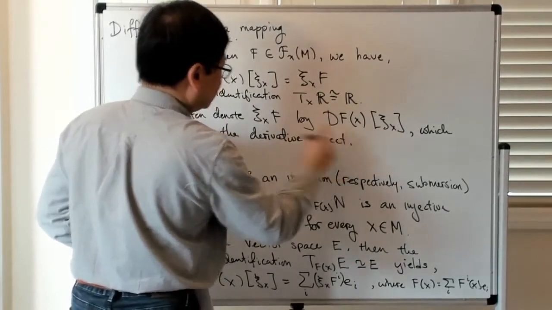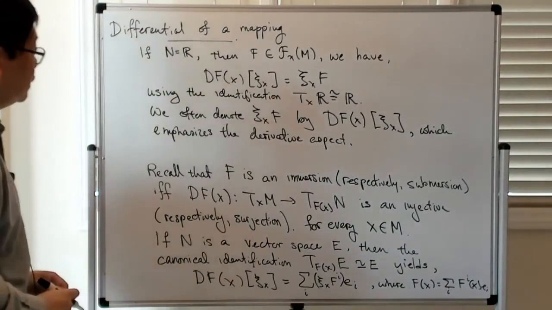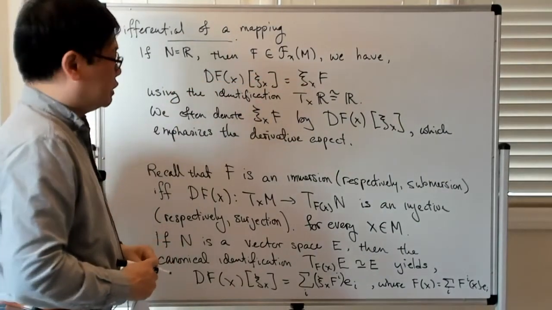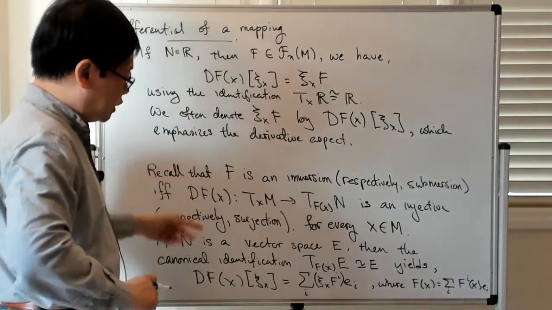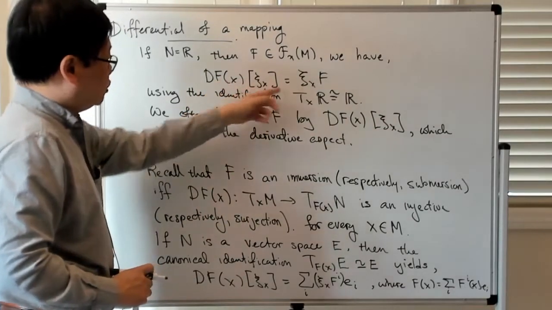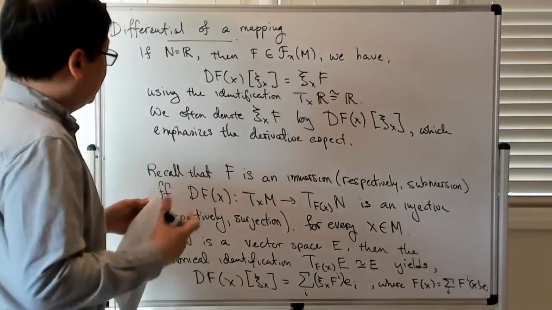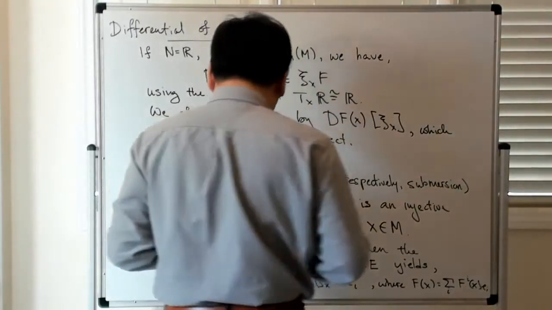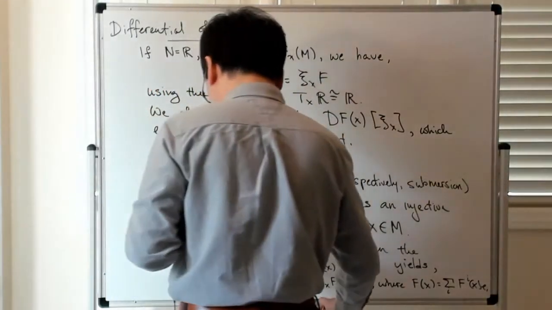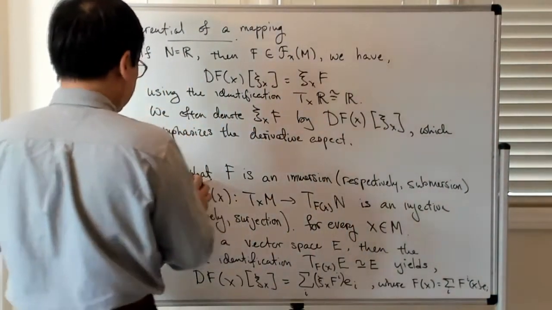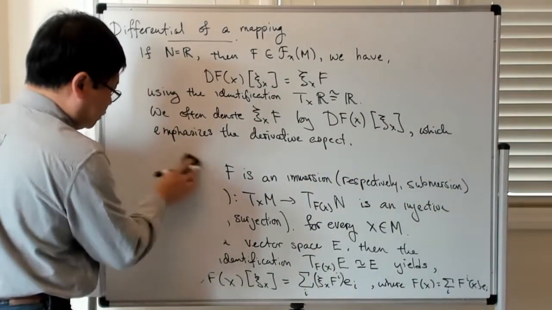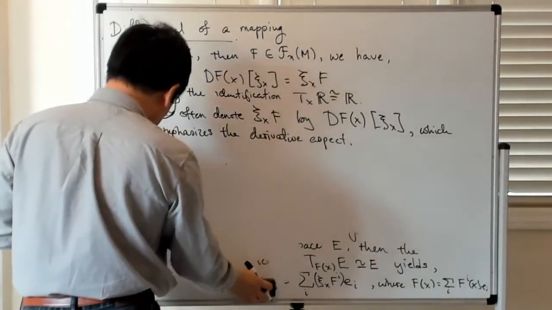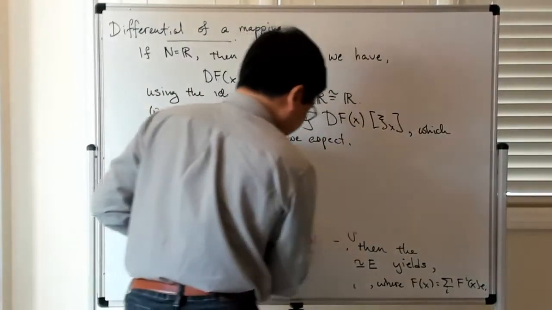So this is just a question of notation, and that notation is really just motivated by the observation that you have this equality here, where the target space is actually just the reals.